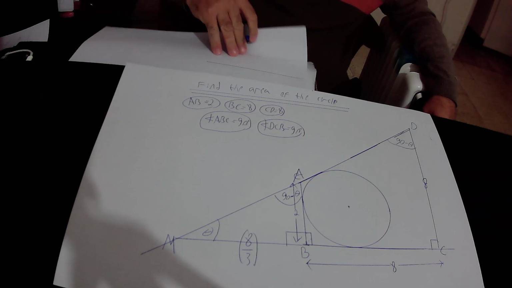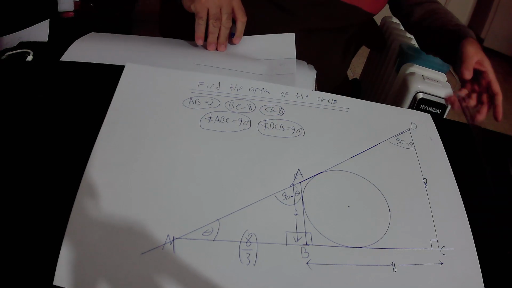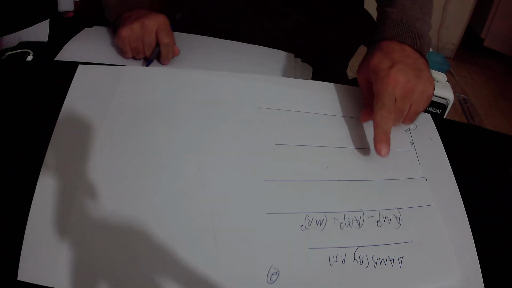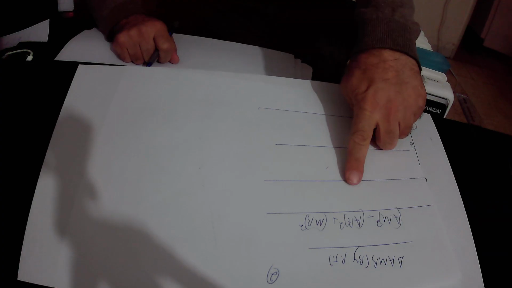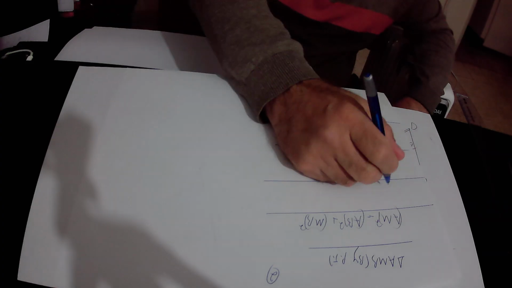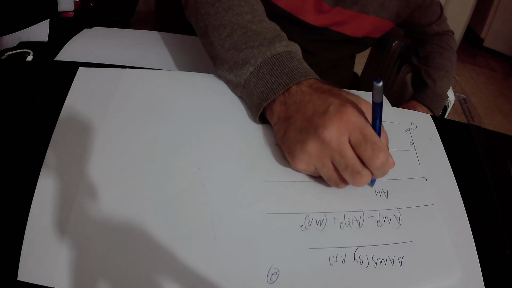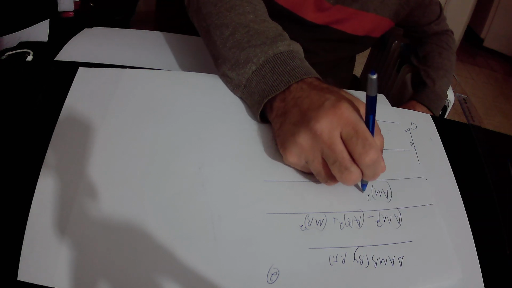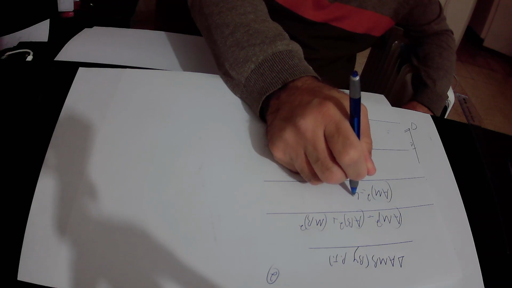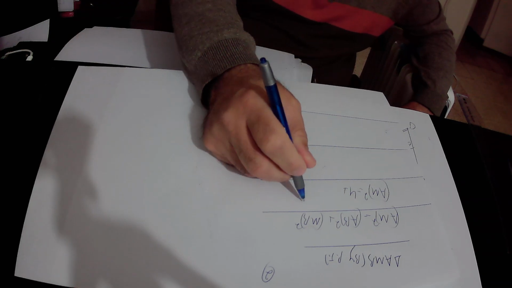Repeat again. According to the Pythagoras theorem, in the right triangle AMB, AM squared equals to AB squared plus MB squared. So AM squared equals to AB squared. AB equals to 2, therefore AB squared is 2 squared, that is 4, plus MB squared.